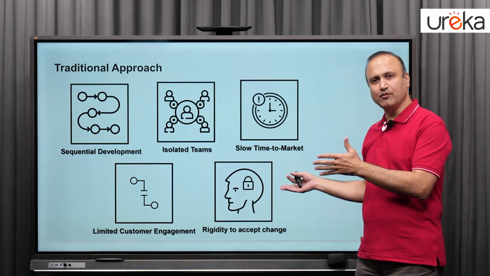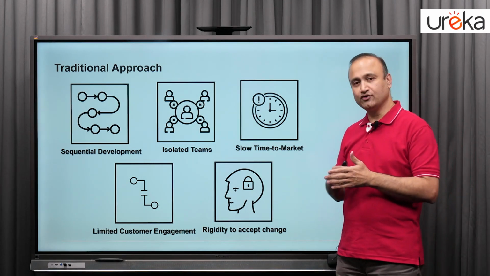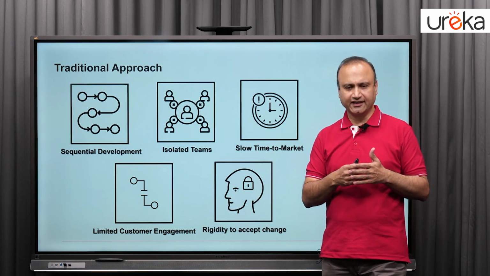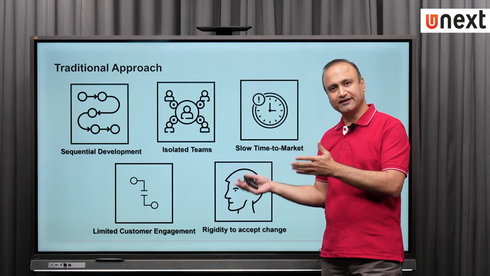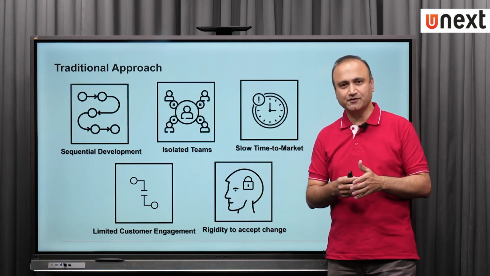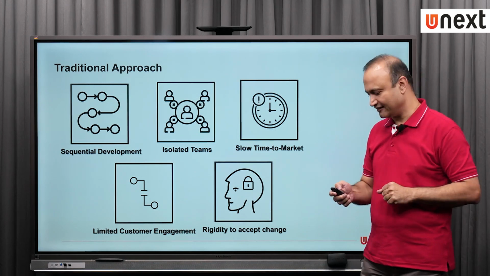And so a linear model suited them very well. A linear model suited them well because the requirements were fairly clear. A linear model worked for them because the roles and responsibilities were fairly clear. Today's world, though, is not like that.